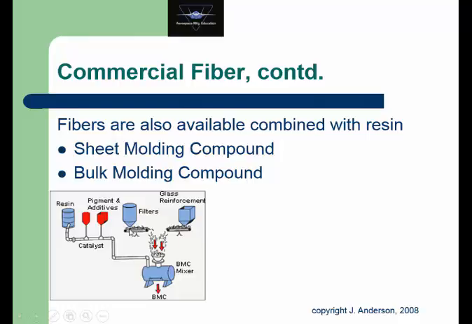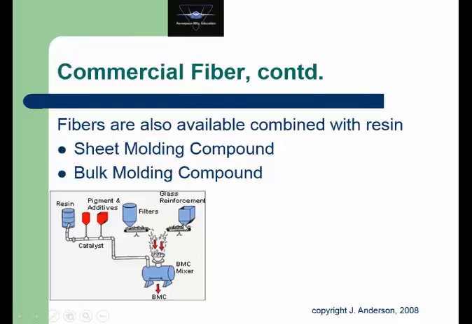We're going to add in to that some fillers. This is typically inorganic stuff. It is limestone or something else, talc, to give it bulk properties, to give it a little extra stiffness, and to increase the thermal properties primarily.